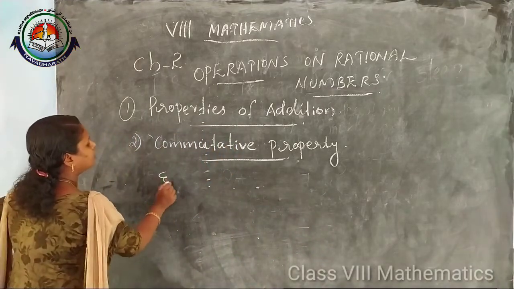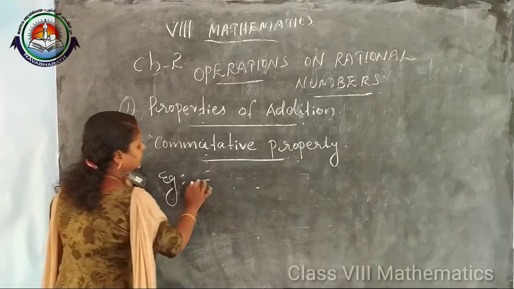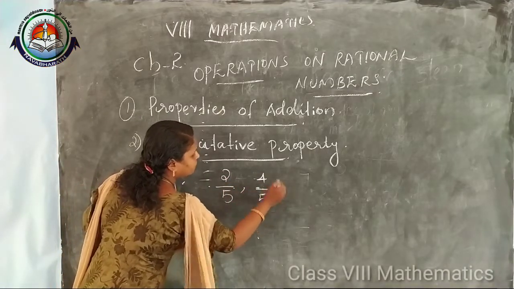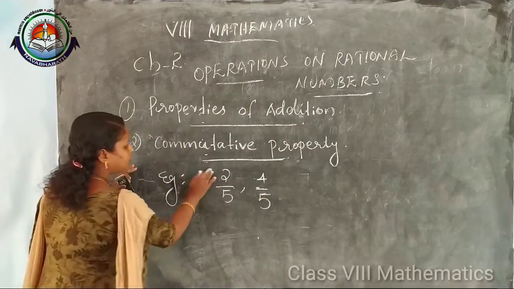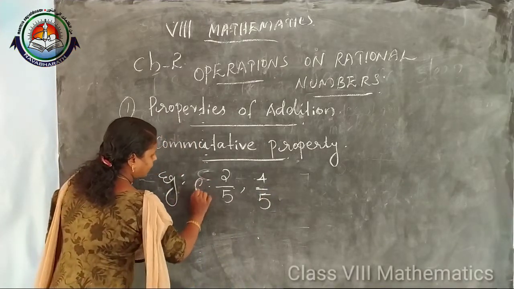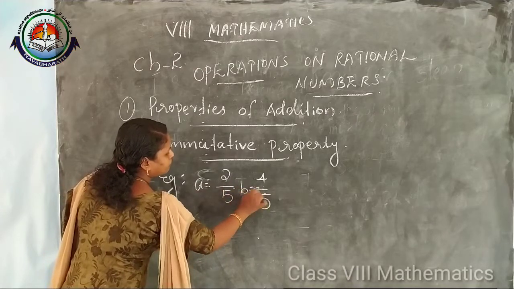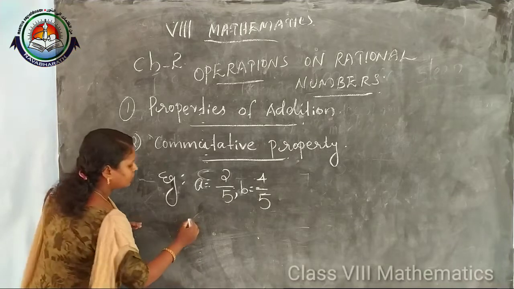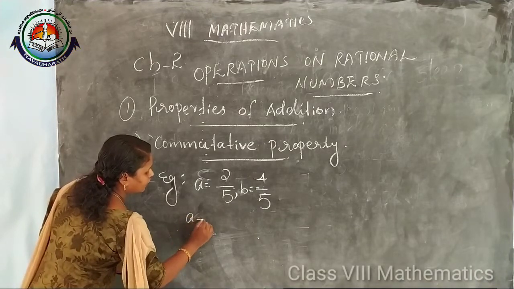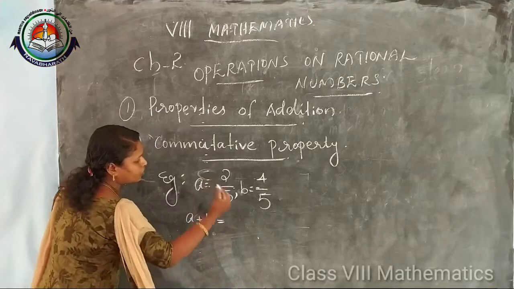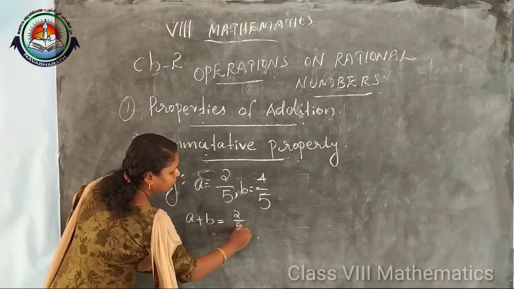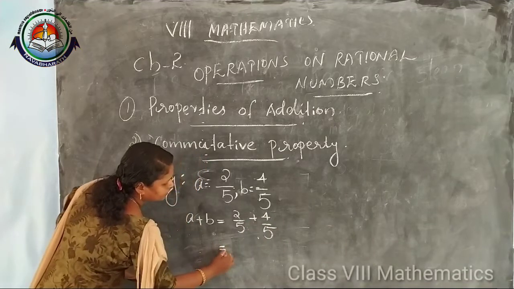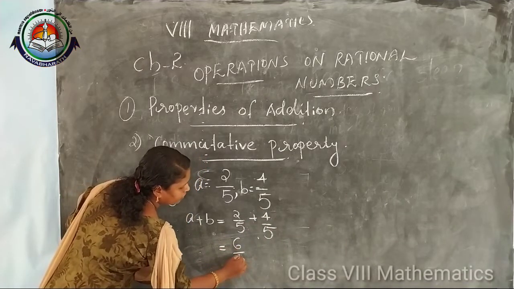We can take any two rational numbers, 2 by 5 and 4 by 5. Suppose A equals 2 by 5 and B equals 4 by 5. Then A plus B is 2 by 5 plus 4 by 5, which equals 6 by 5.